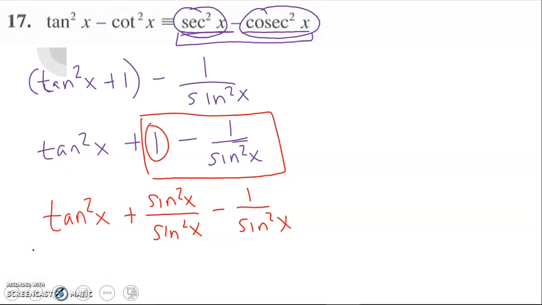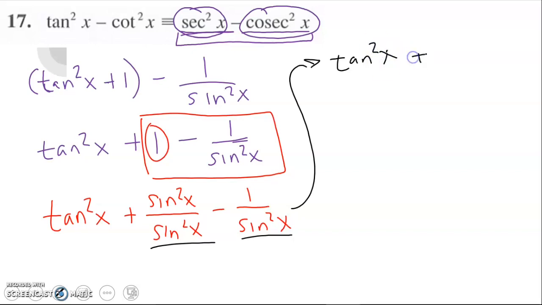Alright, so here's what I can do. Again, these are the same denominator. Okay, I can put that fraction together. So I have tan squared x plus sine squared x minus 1 over sine squared x. Okay.